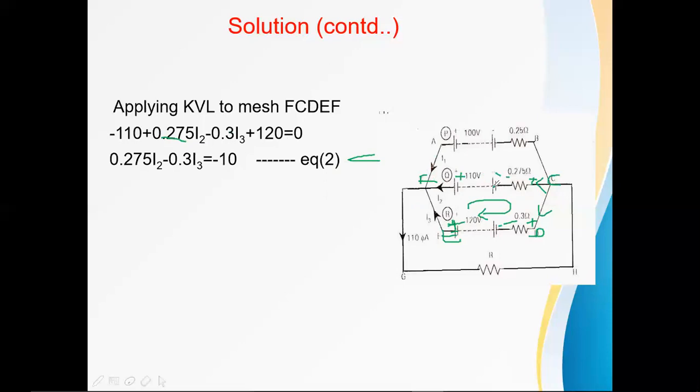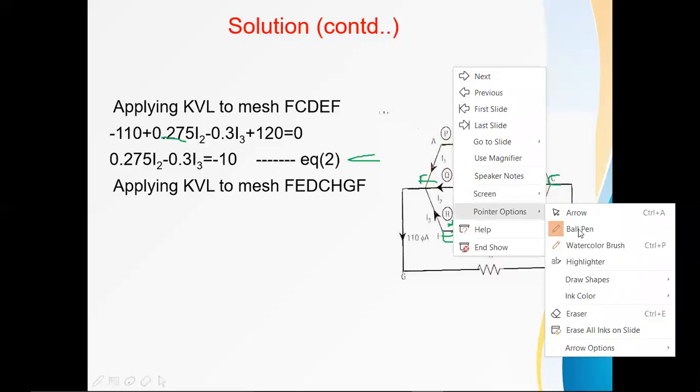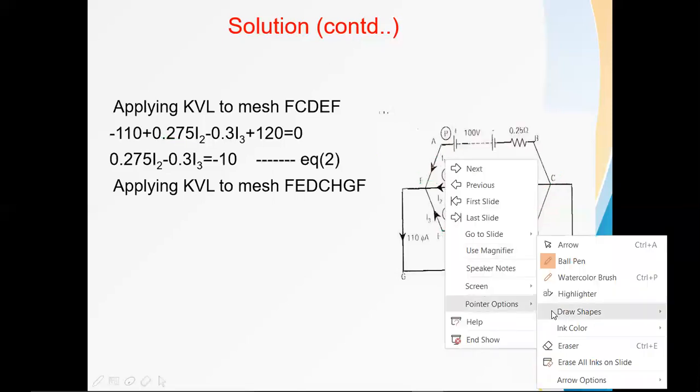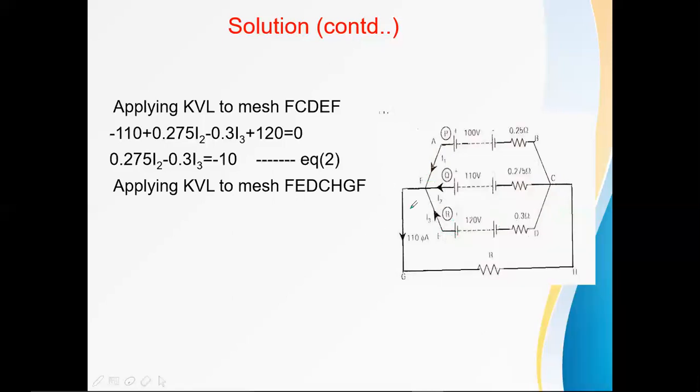Next, move to the third loop, applying KVL to the mesh F, E, D, C, H, G, F. So I am applying like this. Let me remove the signs. So I'm going to follow from this.